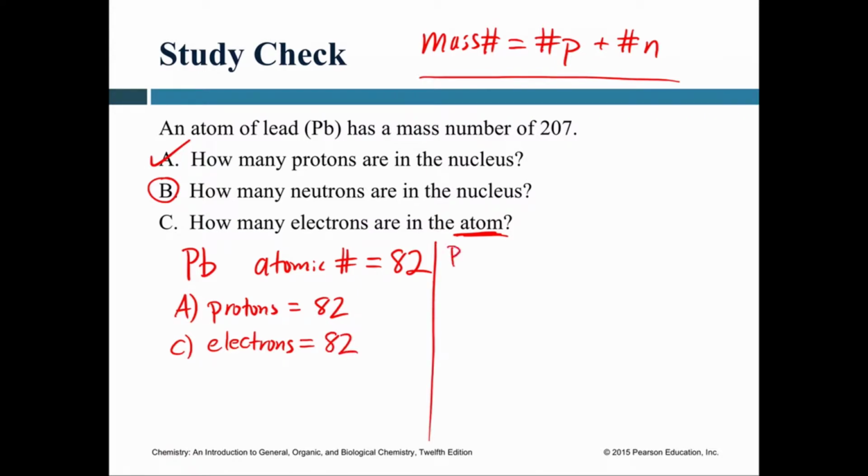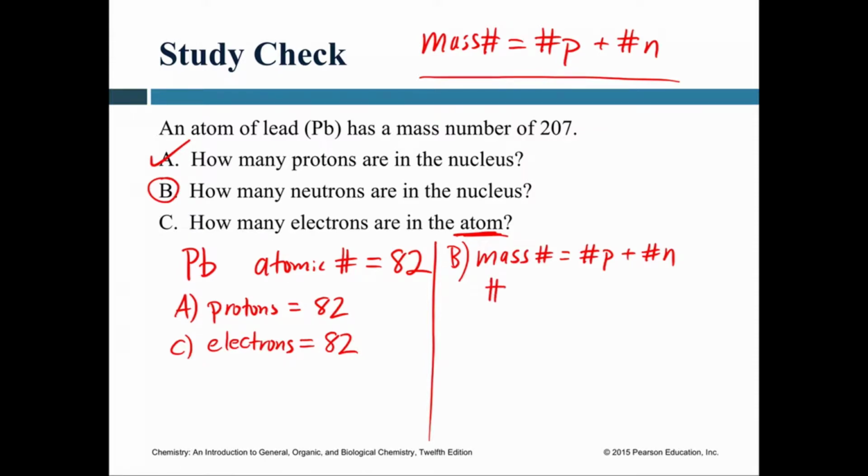Now, part B. We know that the mass number equals the number of protons plus the number of neutrons. So if we want to know the number of neutrons, we simply have to rearrange this formula real quick. Subtract the number of protons from both sides.